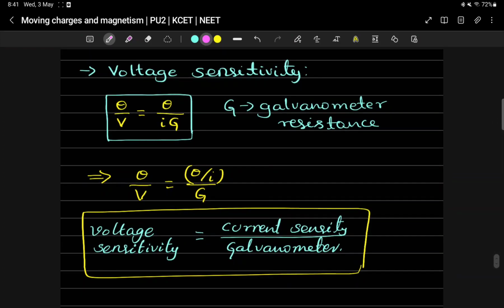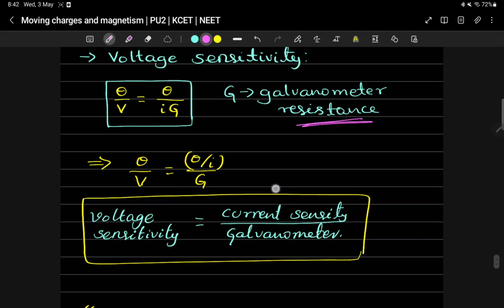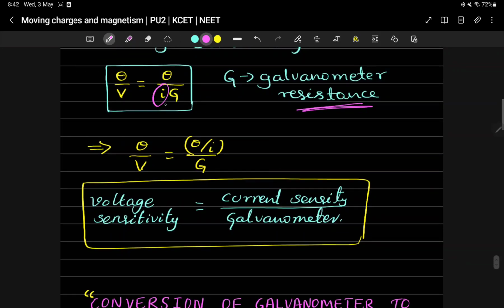Next we have voltage sensitivity, theta by V, that is equal to theta divided by I G, where G is called the galvanometer resistance, or you can write RG also if you get confused. So let us take this I to the numerator, so we'll get this.